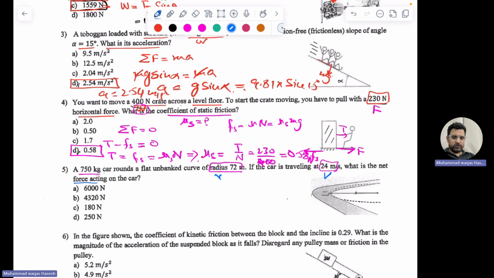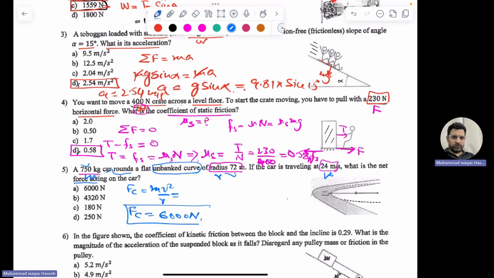The car is moving around an unbanked curve with a radius, which means it's moving in a circular path. So the centripetal force is mv squared over r. We have m, we have r, we have v. Substitute the values and you will get 6000 Newton.